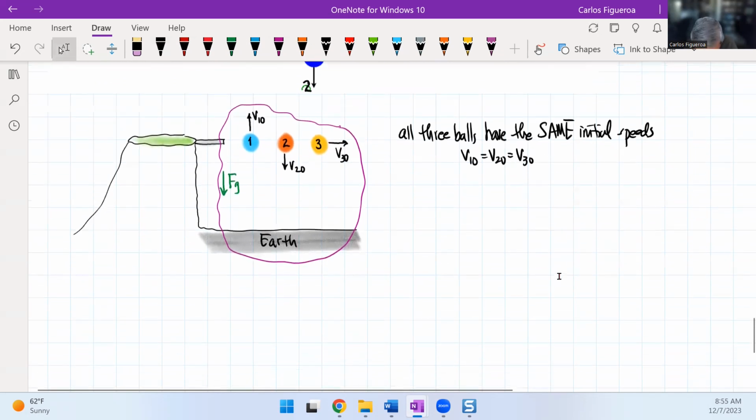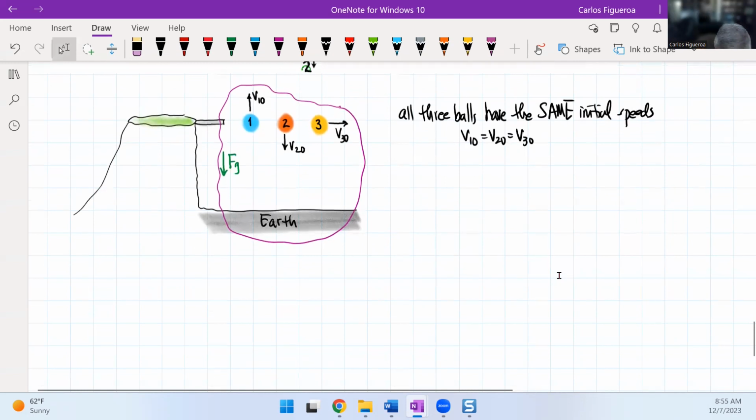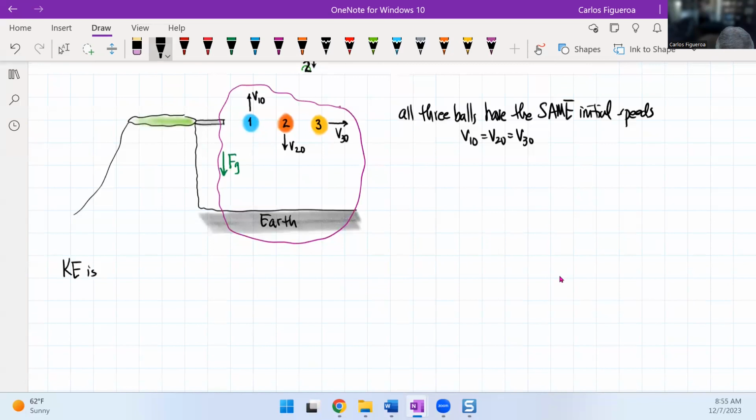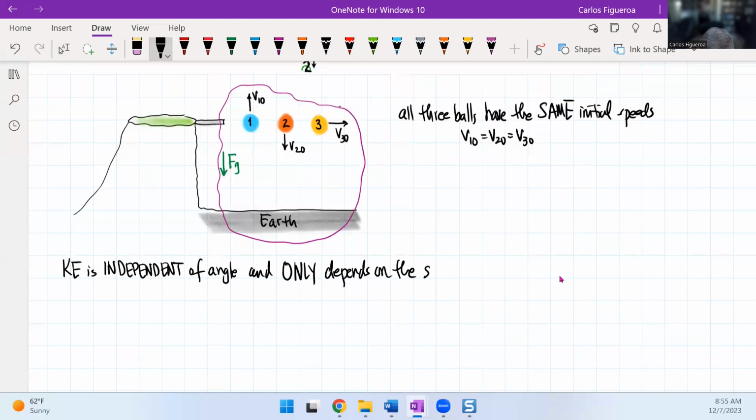Now, here's the thing, and this is really hard to comprehend. Kinetic energy is independent of angle and only depends on the speed.